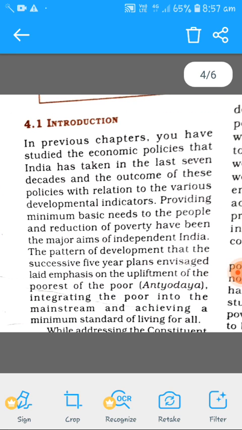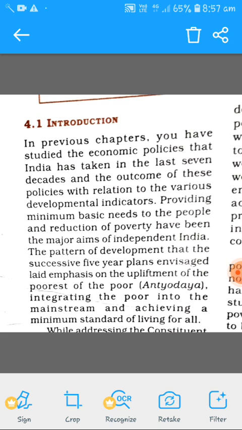So let us start the chapter. The introductory part we are going to discuss today. In previous chapters, you have studied the economic policies that India has taken in the last 7 decades and the outcome of these policies with relation to the various developmental indicators. Providing minimum basic needs to the people and the reduction of poverty have been the major aims of independent India.